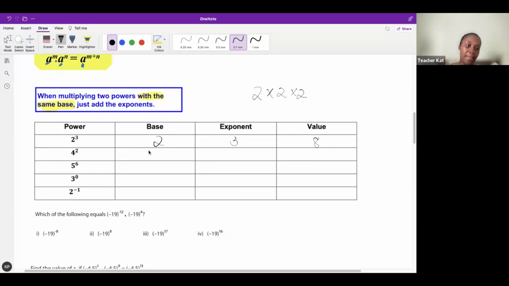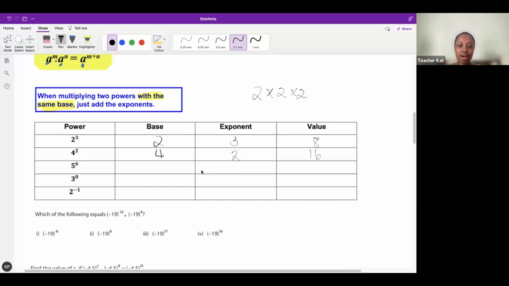Let's move on. Next one, 4 to the power of 2, my base. 4, nice. My exponent. Nice, thanks, Logan, and welcome. My exponent is 2. And the value is 16. Thank you, Fanny.